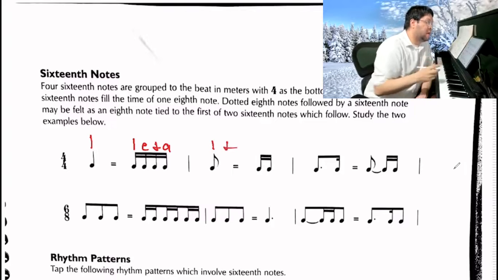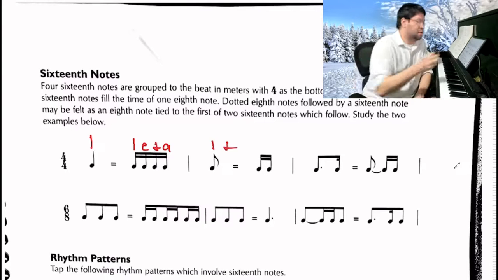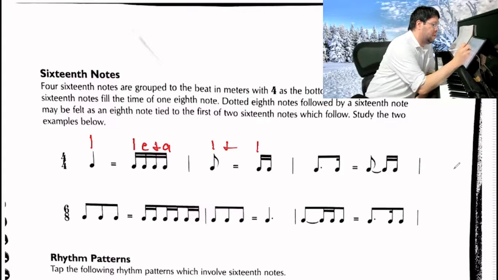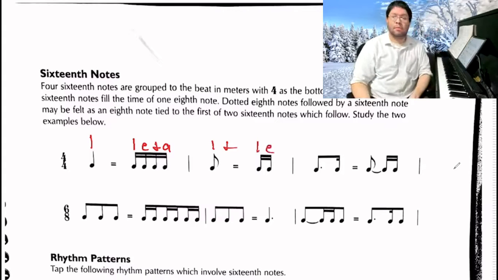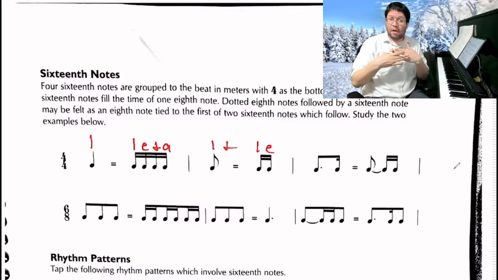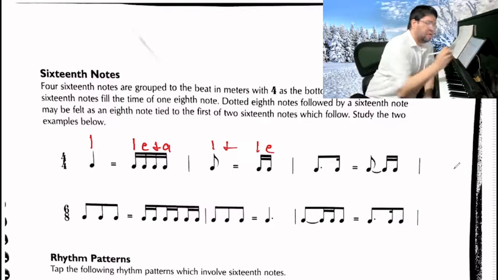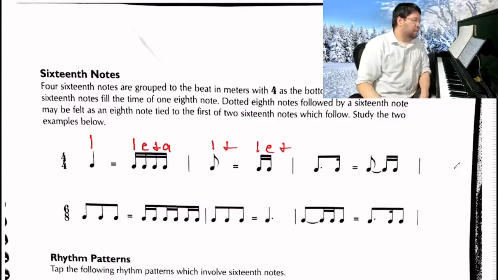But if this was just 2 16th notes as the first beat, we'd say 1 E. So those happen before the and of the first beat, so the and would be somewhere over here in space if they were there.